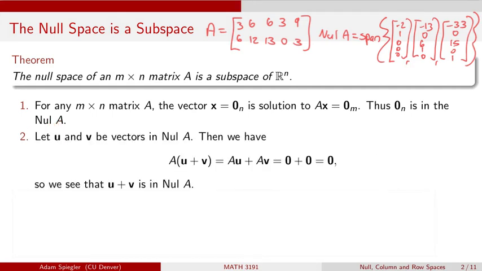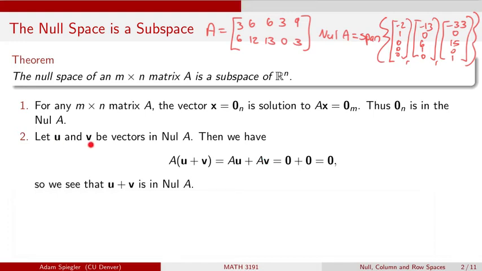Secondly, we want to show that if we take any two vectors, u and v, that are in the null space of matrix A, then the sum u plus v should also be in the null space of A. Let's see what happens if I multiply matrix A by the sum u plus v. We have this nice property of matrix-vector multiplication, that it's linear. So A times (u plus v) is equal to Au plus Av.